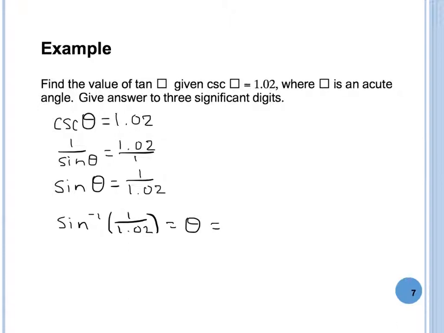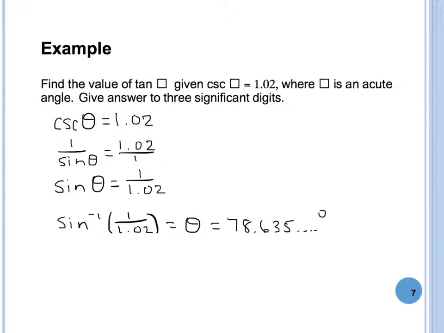And when I did that on my calculator, in degree mode, I got 78.3635 something, a big long decimal, degrees. So now that I know the angle here is about 78, 79 degrees, I want to find the tangent of that answer.